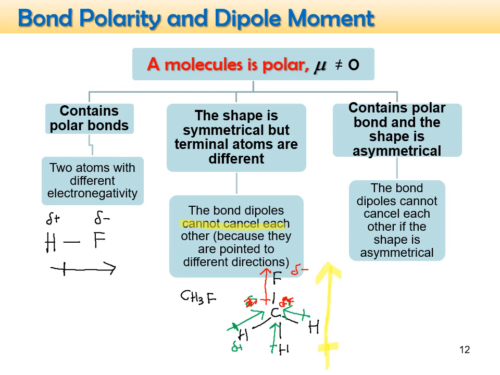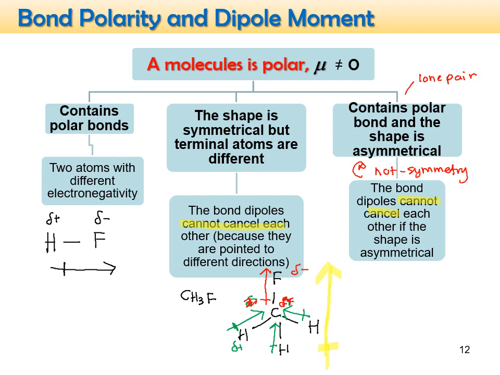The bond dipoles still cannot cancel each other if the shape is non-symmetry or asymmetric. In your notes, if you don't remember what asymmetric means, or you are confused, just write not symmetry or non-symmetry. The example for this case usually involves a molecule that has a lone pair.